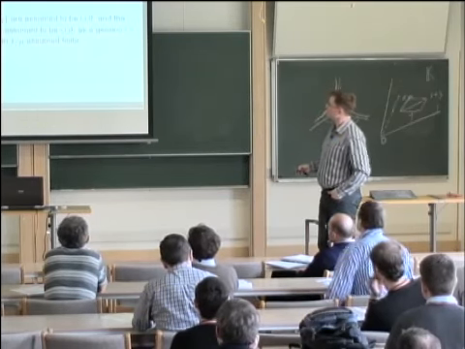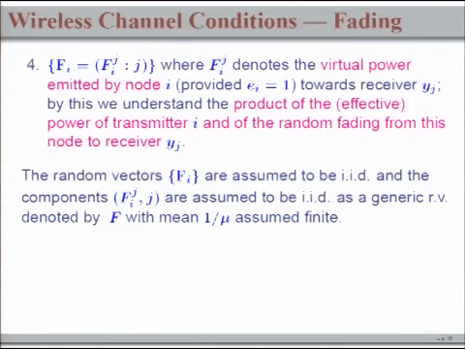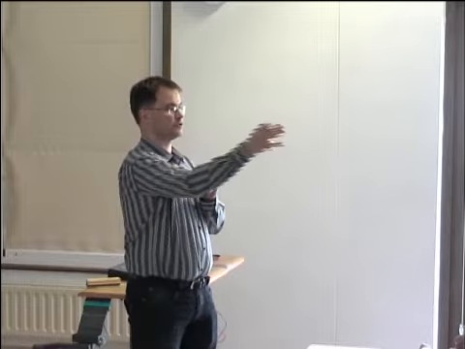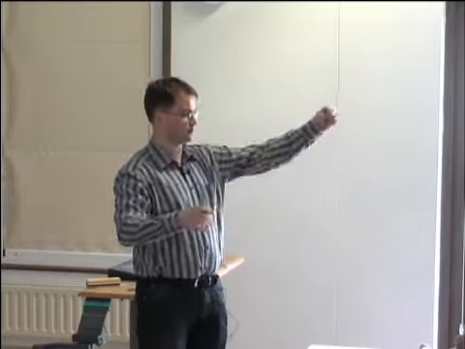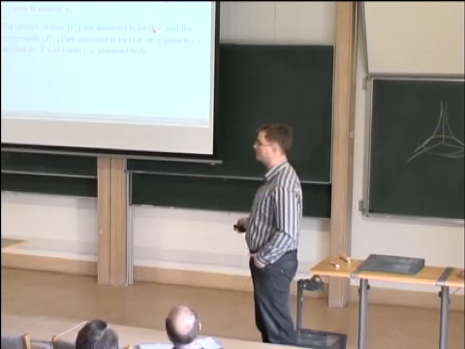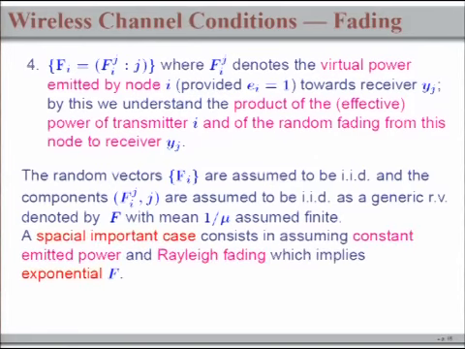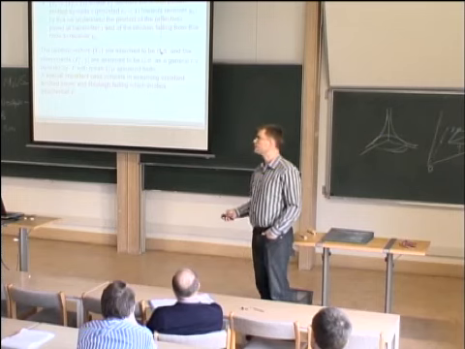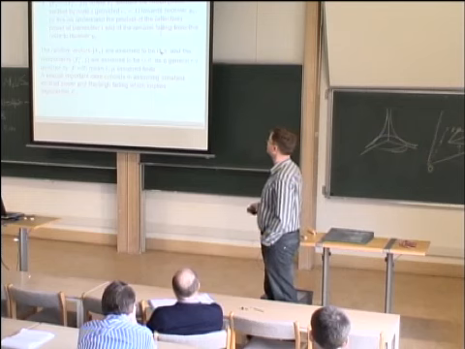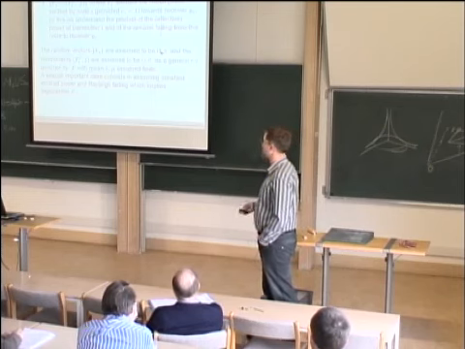And then, as I said, in this simple model, these fading random variables are completely independent across different receivers and across different nodes. So it's a matrix of IID random variables. In the generic case, it's just a random variable with mean 1/μ, but there is one special case called by engineers Rayleigh fading and by mathematicians exponential fading, which assumes that this f is exponential. It's not only for mathematical convenience, but there is some deep reason to look at this to be exponential in a special case.